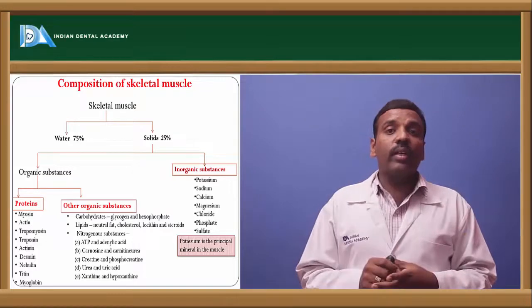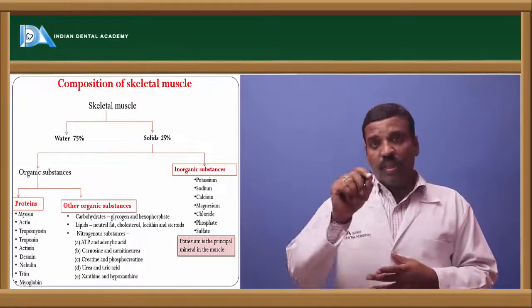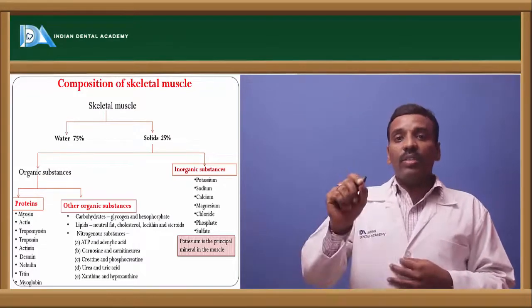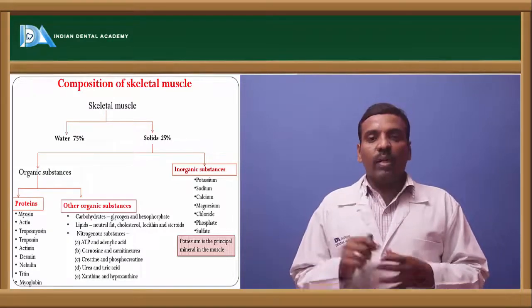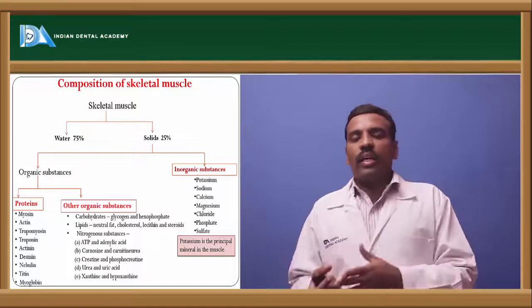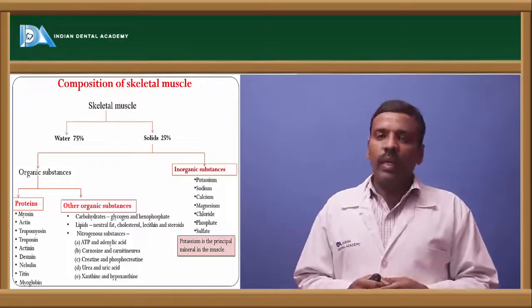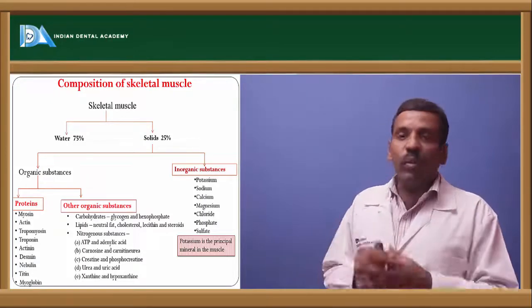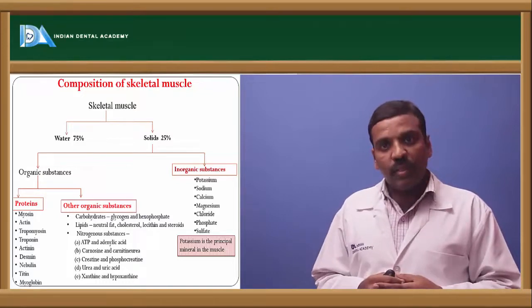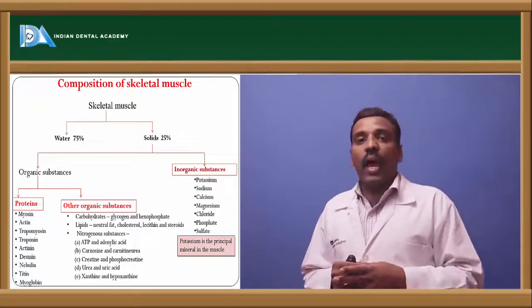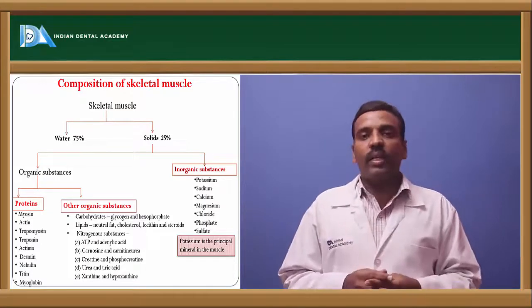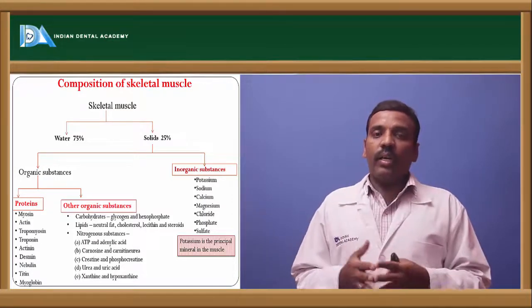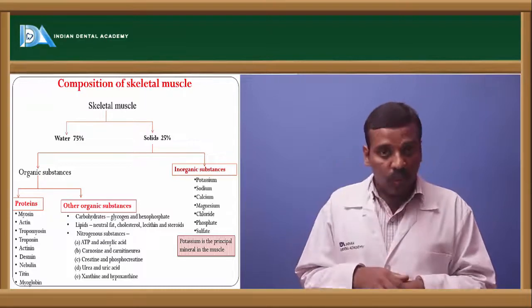One more important thing: among the inorganic substances, potassium is the principal element for muscle mass. Because of potassium levels, the muscle can move. Coming to the protein part of the organic substances, myosin and actin are the two most important proteins.